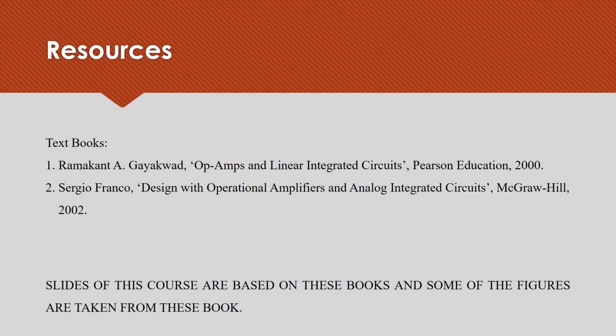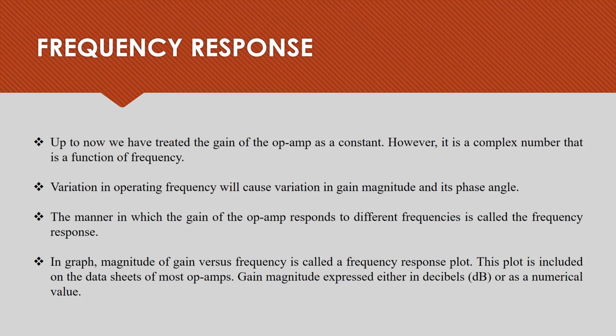So the resources used are shown in this slide. Up to now in all these discussions we have treated the gain of OpAmp as a constant quantity. However, it is a complex number that is a function of frequency.